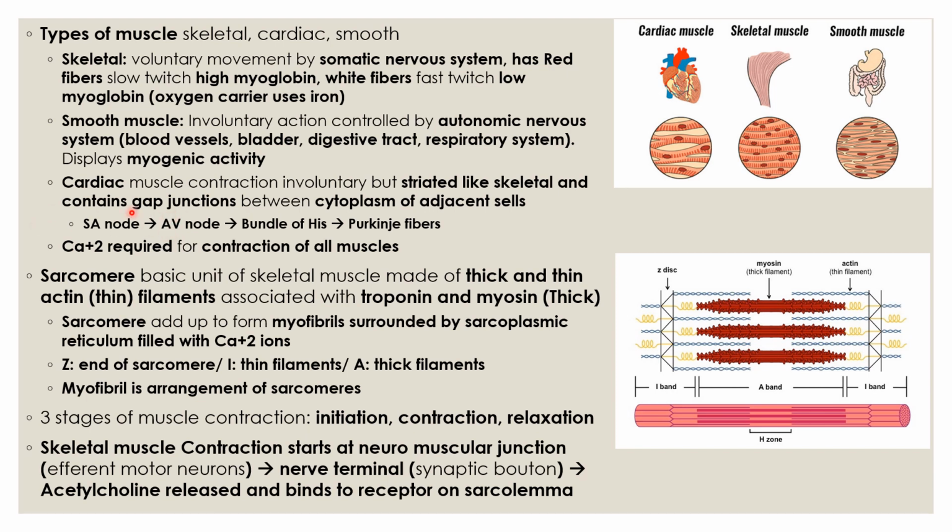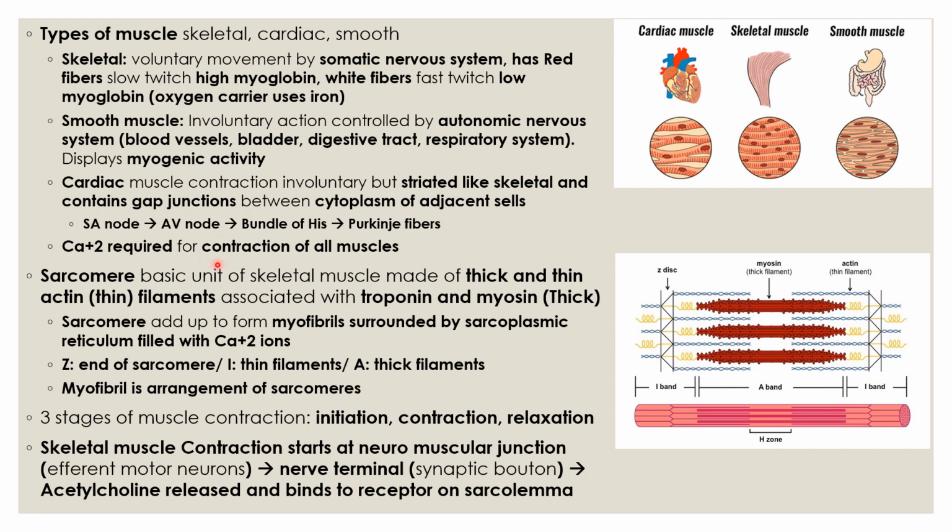The SA node is near the right atrium, and it starts the whole process of getting blood from the right atrium into the right ventricle.